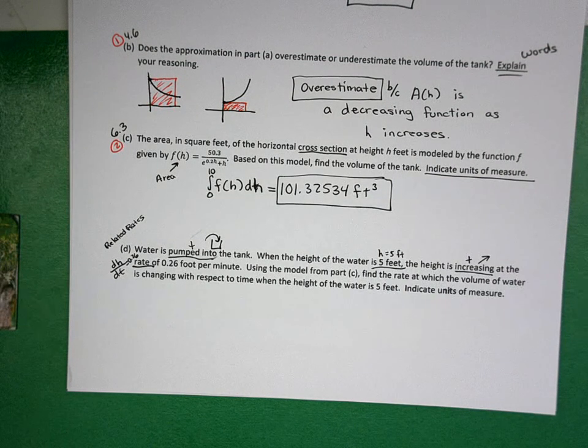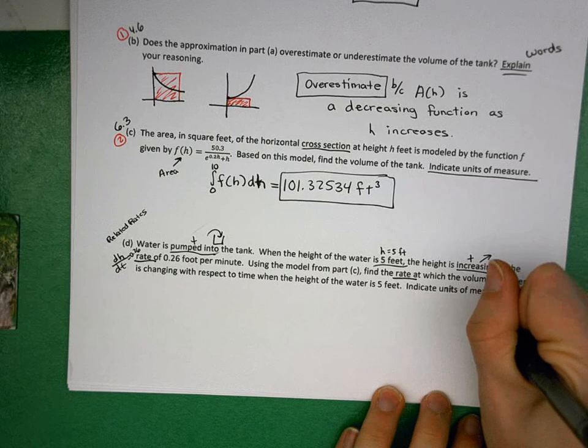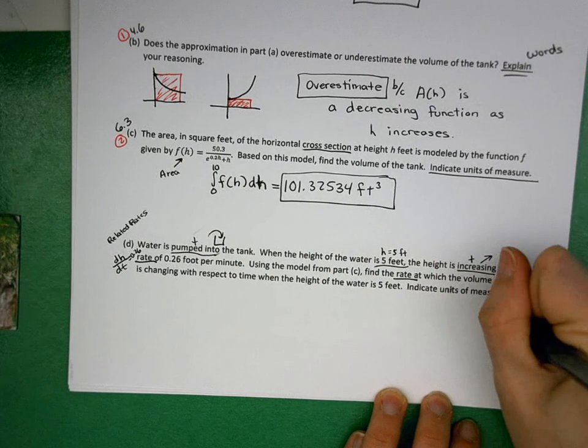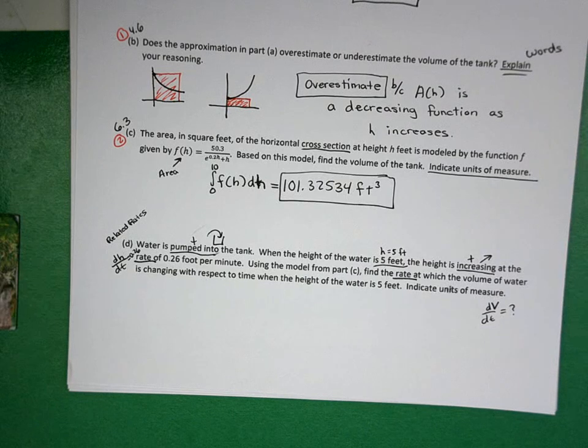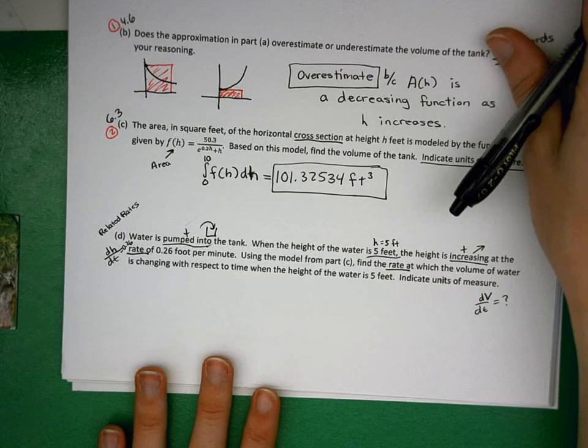Using the model from part C, so our f of h here, find the rate, so we're finding a d/dt, in this case at which the volume, so dV/dt of the water, is changing with respect to time when the height of the water is 5 feet. So again, h is 5, and then indicate units of measure.